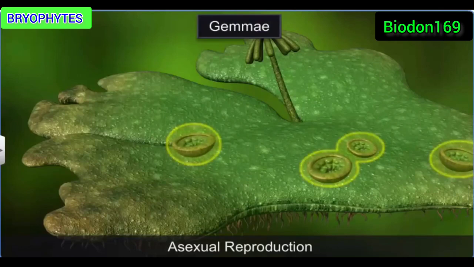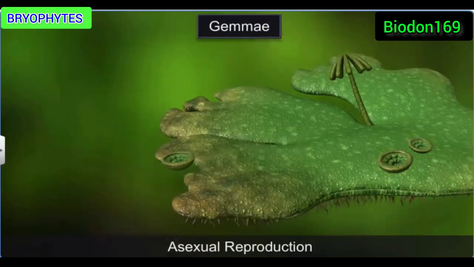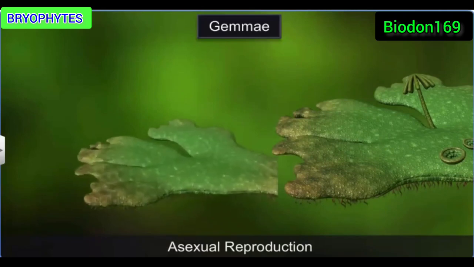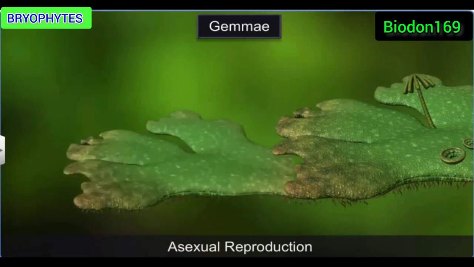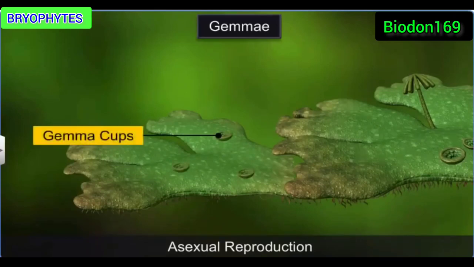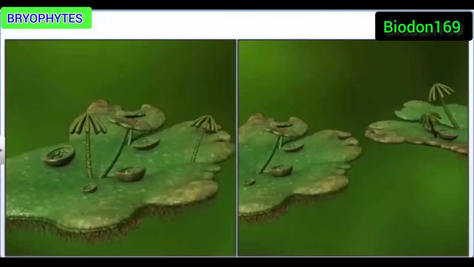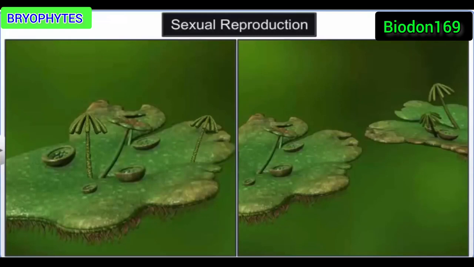They are green, multicellular, asexual buds that separate from the parent and develop into new individuals. They develop in small receptacles called gemma cups located on the thallus. In the case of sexual reproduction, the male and female sex organs are produced either on the same or on different thallus.